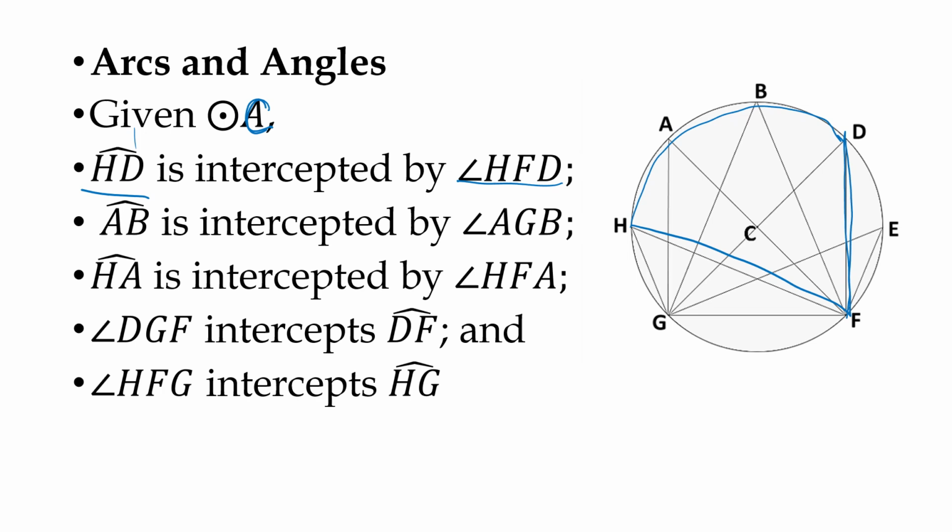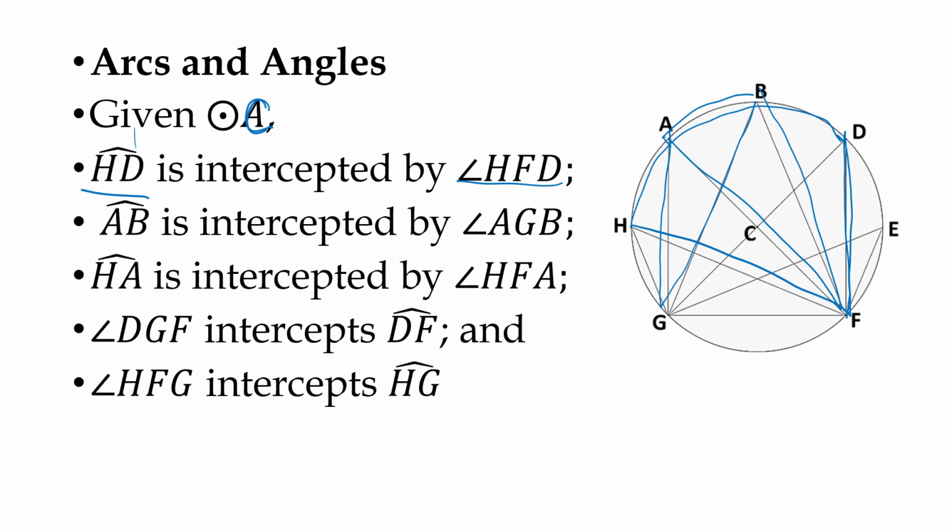Next is arc AB. Arc AB is intercepted by angle AGB, diba? A, G, and B. Also, arc AB is intercepted by angle AFB.